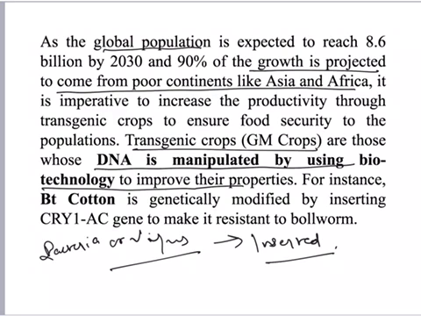So it makes them resistant to lots of diseases, and in that way its productivity and yield and other things also enhance. So friends, here in the introduction you have to introduce in a localized phenomena. As you can see, we have used that phenomena. We proceeded from global population and the requirement for food for a massive population, and then later we came towards transgenic crops and introduced what are transgenic crops.